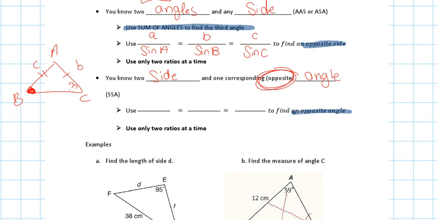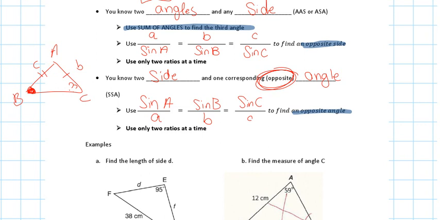Because I'm solving for an angle, I use exactly the same thing, but in this case, we flip everything, because I'm looking for an angle, so the angle is going to be on the top. So it's going to be sine A over A equal to sine B over B, which equals sine C over C. Again, in this scenario, I'm going to use two of the ratios and not all three of them.